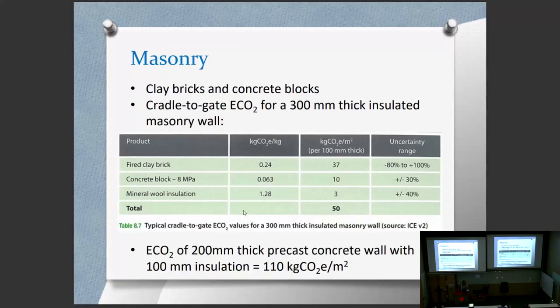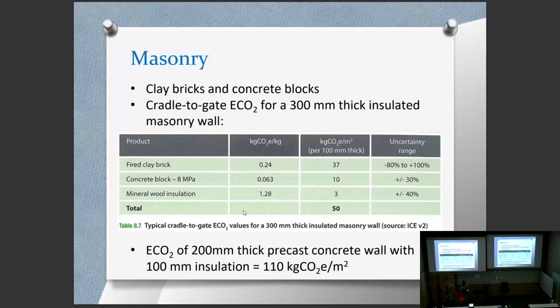And the next kind of material is masonry. Masonry is building walls using bricks, stone, concrete block, glass block, and then bonding them together with mortar, like a brick wall. So clay bricks, concrete blocks.